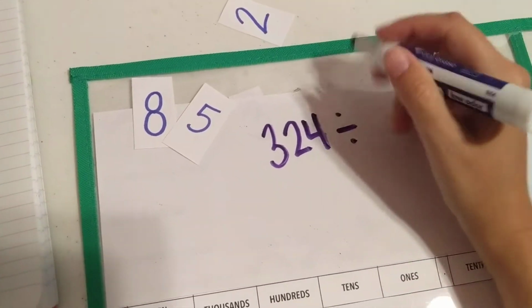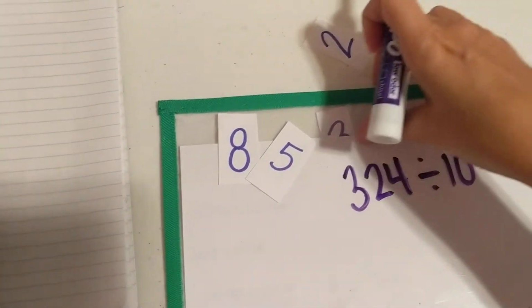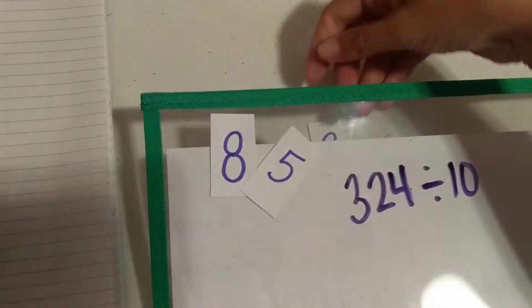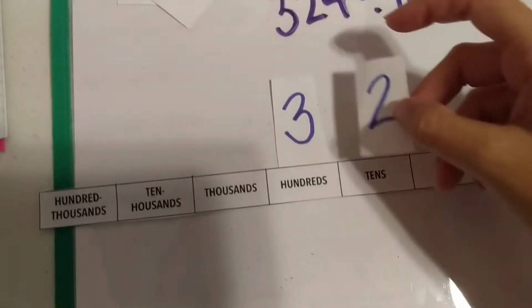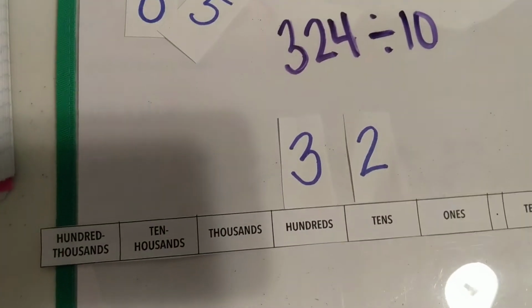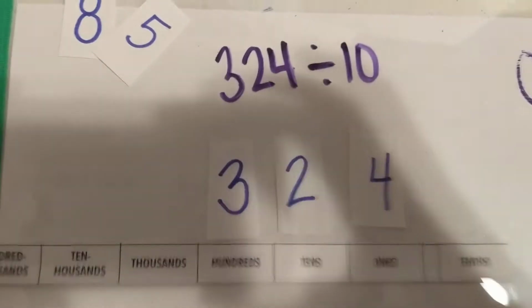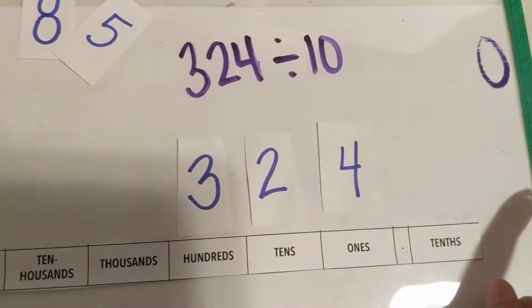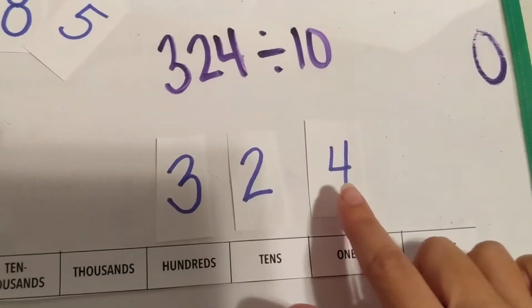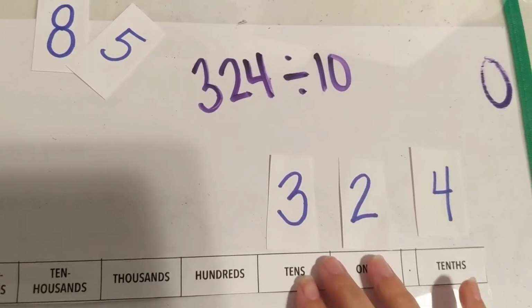All right, let's try 324 divided by 10. Okay, let me build this number here. So we've got 324. Now we're going to divide this by 10. So remember, like we looked at before, when we're dividing, we're shifting this direction. So we're going to move over everything one place value, okay?